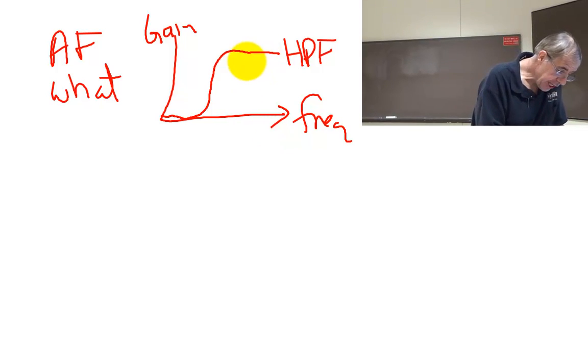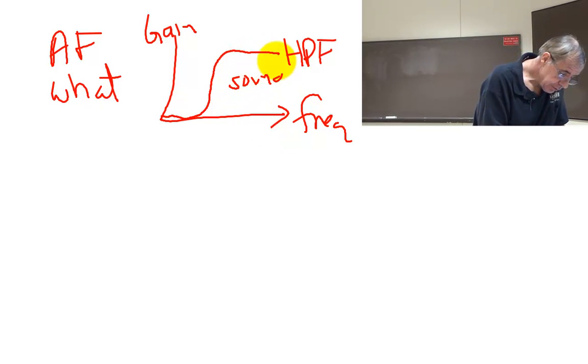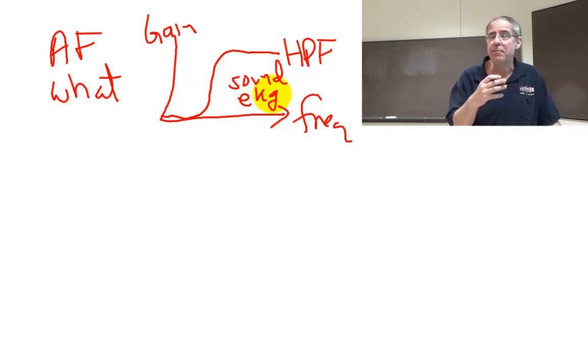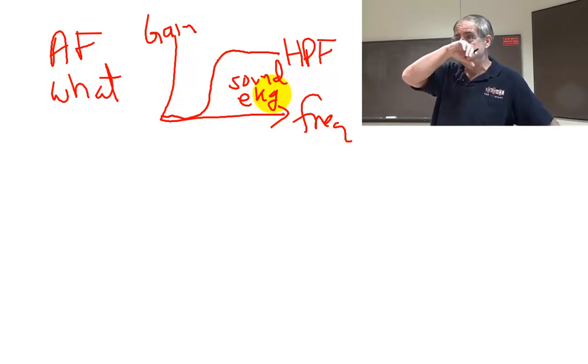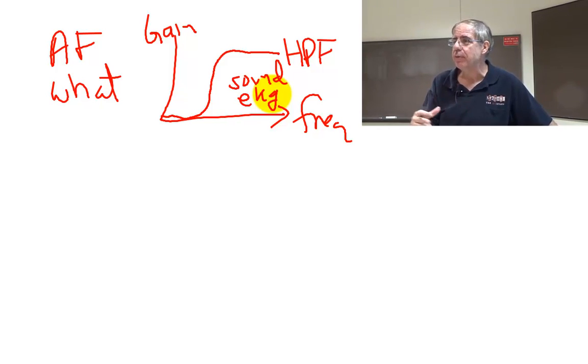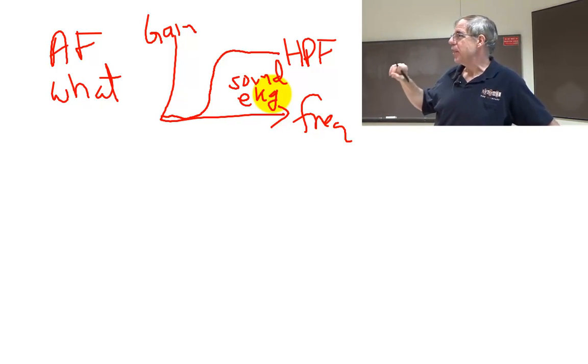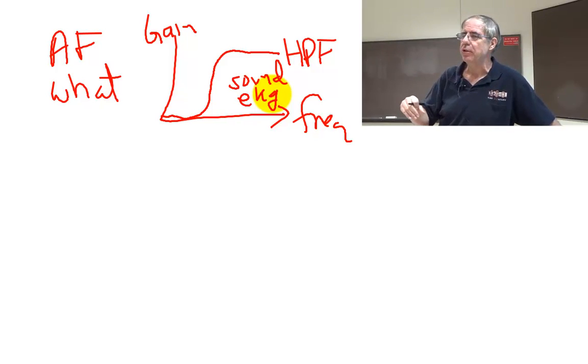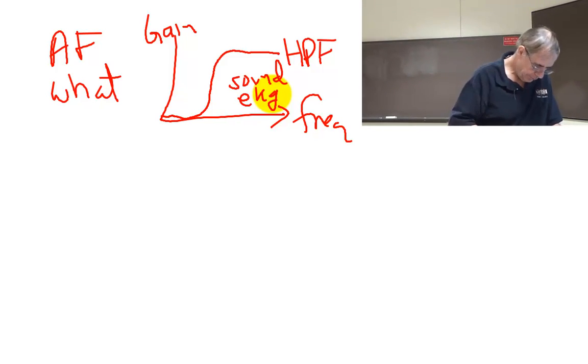Examples are sound and electrocardiogram. In these, the information is not encoded in the DC, the zero frequency component. I don't care what the atmospheric pressure is in the room. I just care about the variations in pressure generated by the sound.